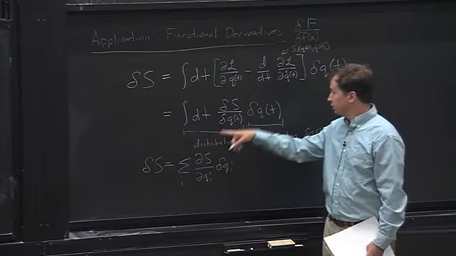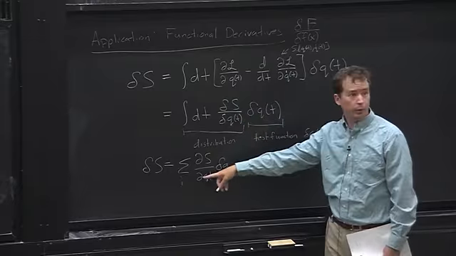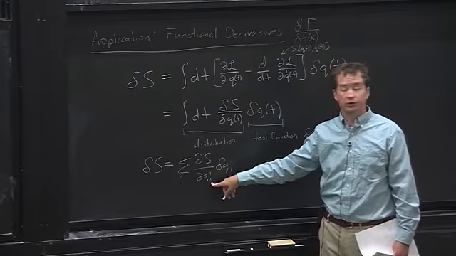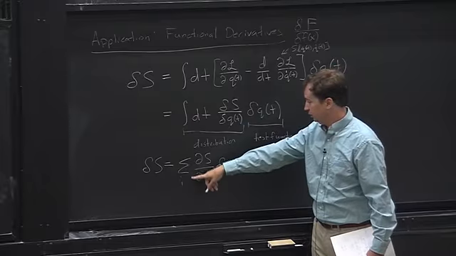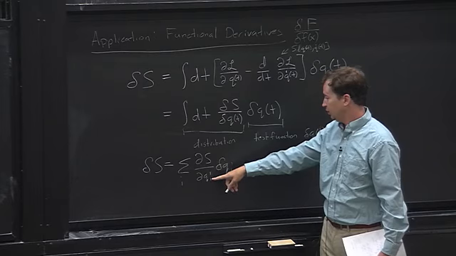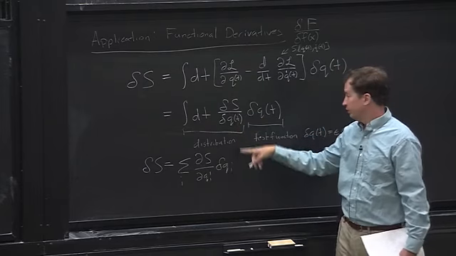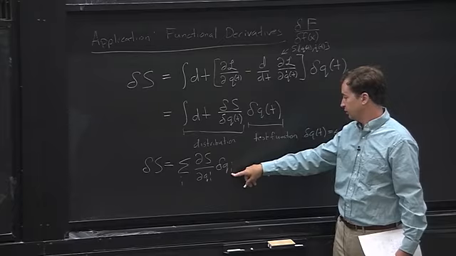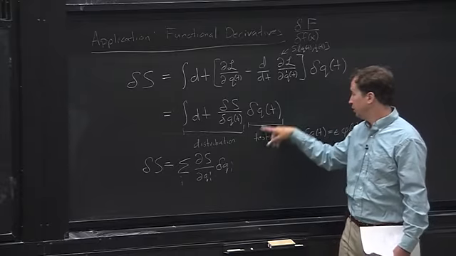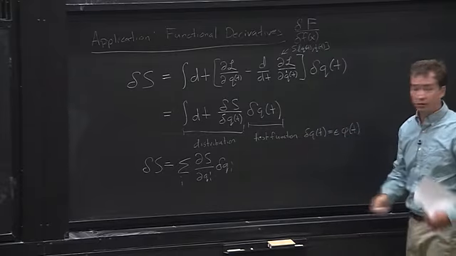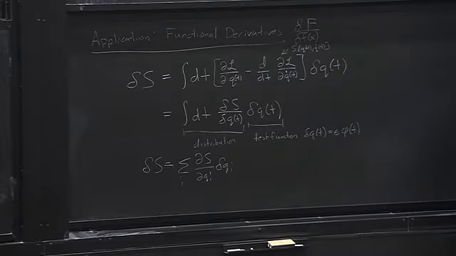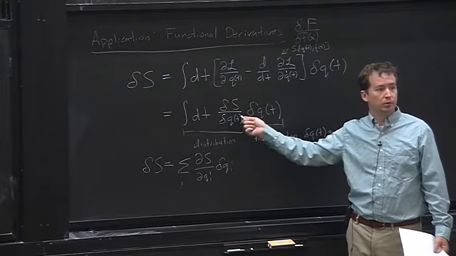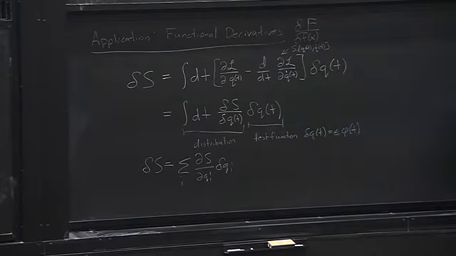And this expression for the functional derivative is nothing but a continuum limit, or limit where the number of variables goes to infinity, in which case the sum becomes an integral, the partial derivatives become functional derivatives, and the qi's, instead of being indexed by a discrete label, become indexed by a continuous label. So this is a useful analogy to keep in mind. It suggests many correct results and ways to manipulate functional derivatives.